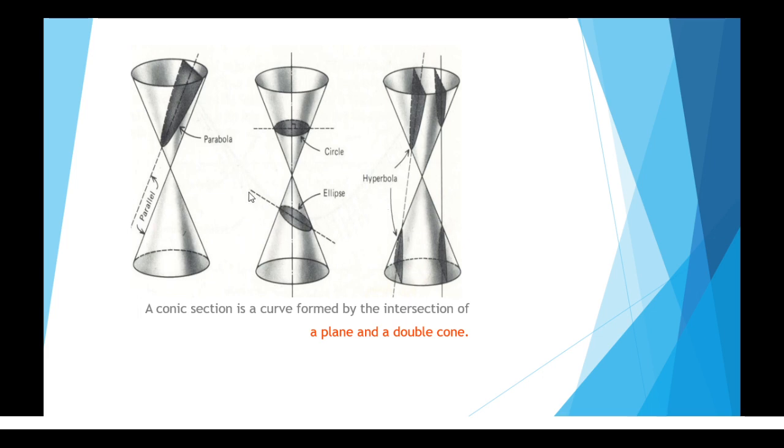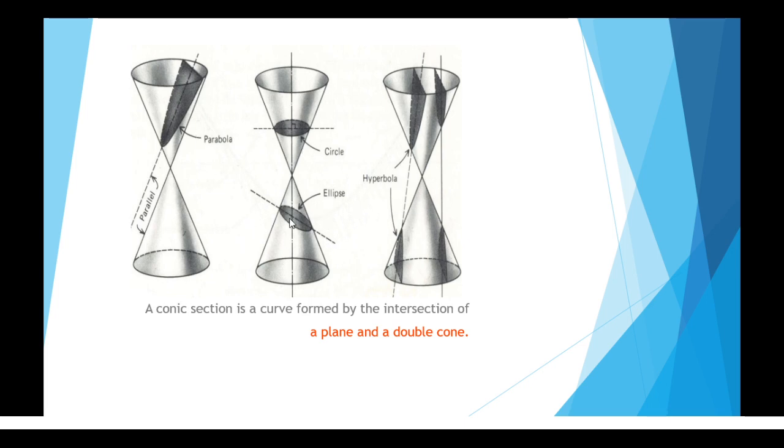And if I intersect it with the axis in such a manner that the angle is greater than theta, at what angle is it inclined? It is inclined at an angle greater than theta. Then what section do I get? I get an ellipse.